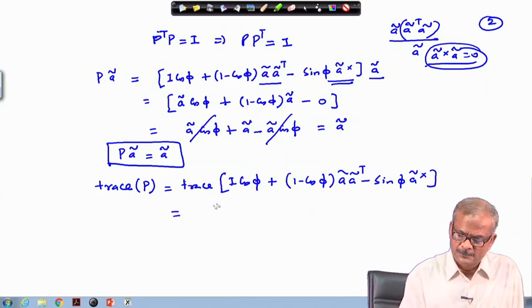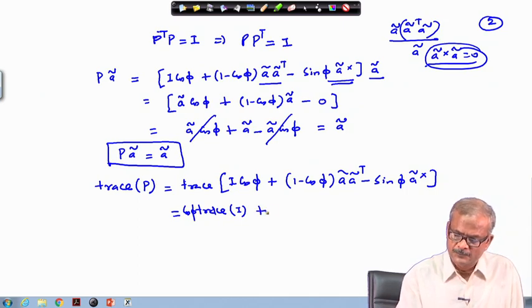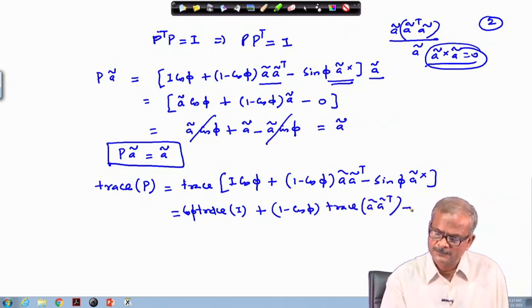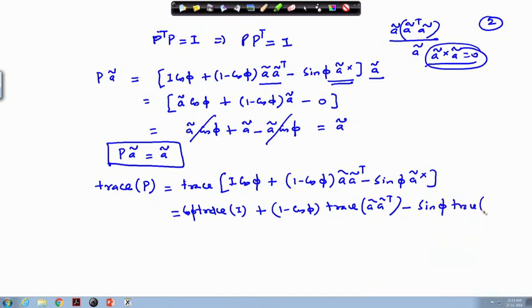We can break it up: trace I times cos phi, plus 1 minus cos phi trace of A tilde A tilde transpose, minus sin phi trace of A tilde cross.